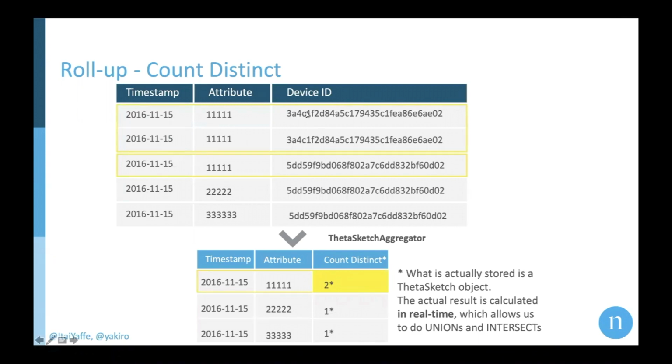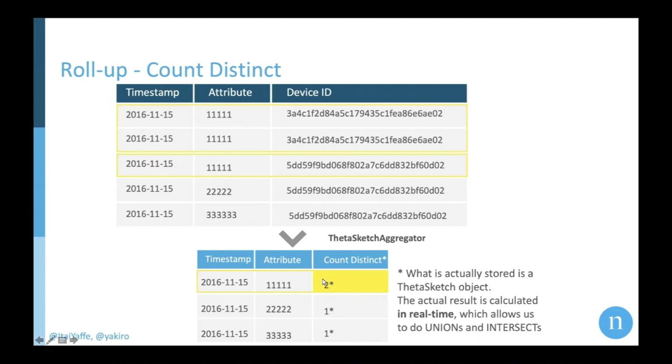So you can see in the raw data, we have the same device ID twice, and we have another device ID. So what we actually want to do is store the number 2 as the number of unique devices that were exposed to this campaign. Now, this is somewhat simplified because actually, when you do a count distinct, Druid doesn't store the number 2.